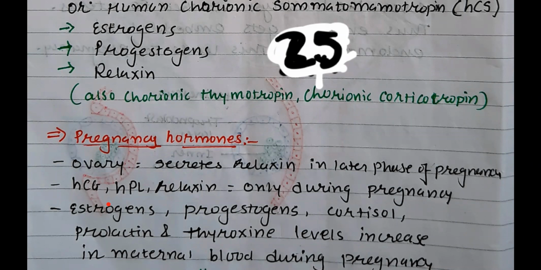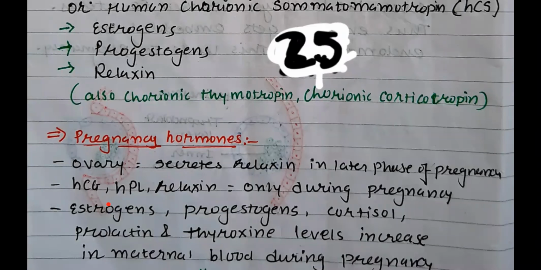Ovary and placenta particularly secrete relaxin, mainly in the later phases of pregnancy, as I mentioned, to ensure the proper parturition act. Even the estrogen, progesterone, cortisol, prolactin, thyroxine, these hormone levels increase tremendously in a mother's bloodstream.